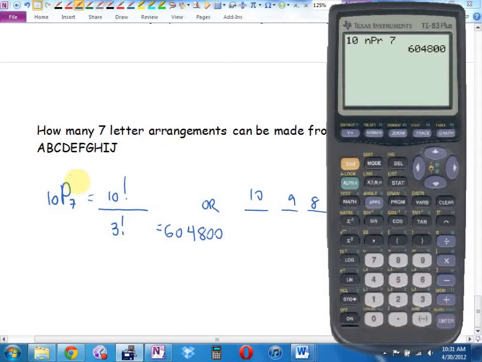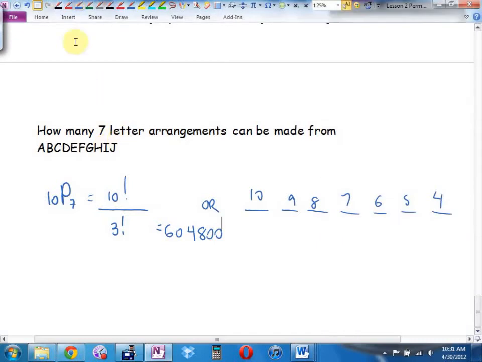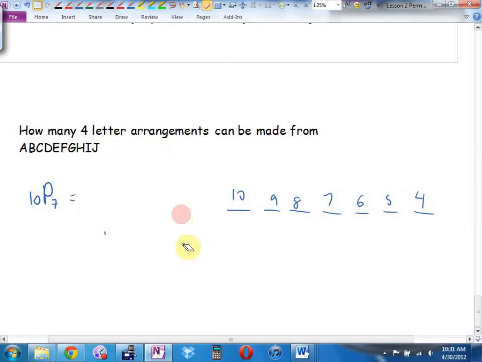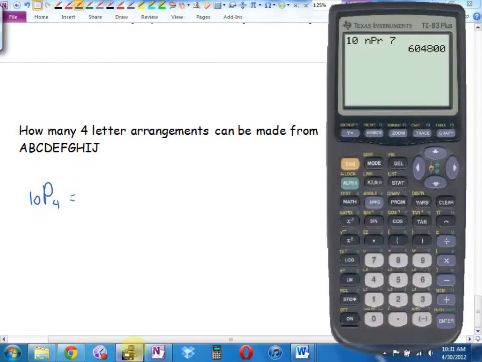So, just for fun, how many 4-letter arrangements? Well, that would be 10P4. What is 10P4? Find it. Second function, enter, backspace, 4.